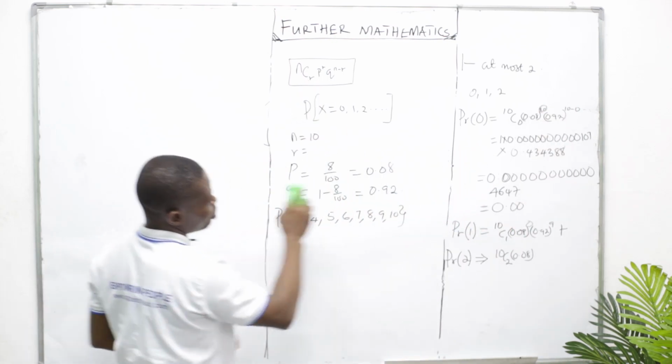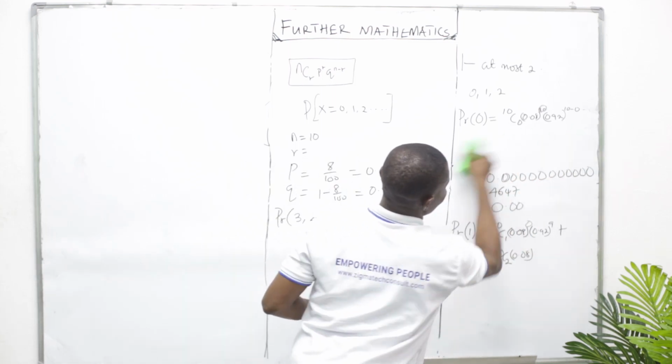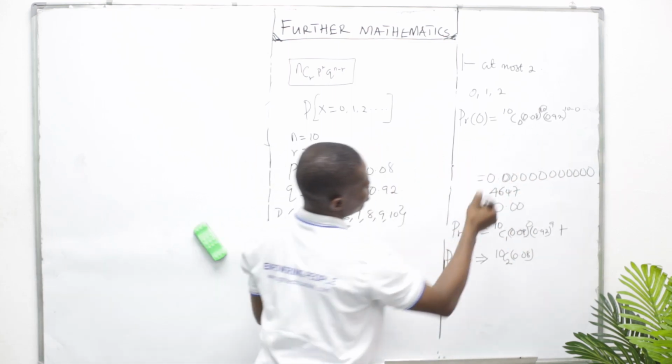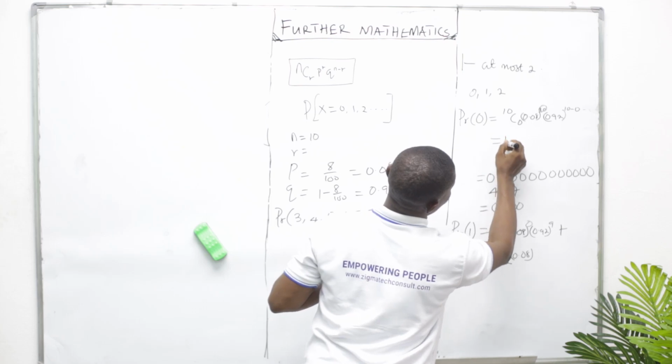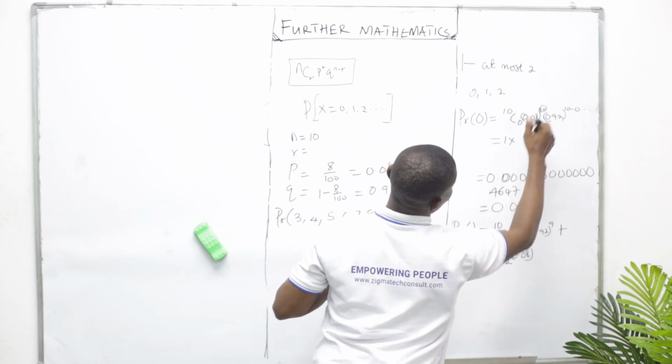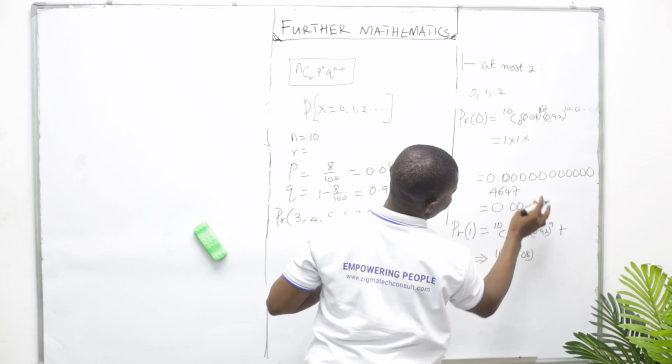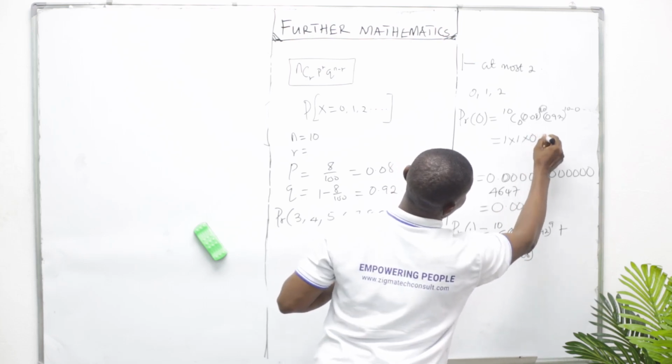No wonder we have the complex zeros. Here, 1 times anything raised to power 0 is 1, multiplied by just this alone.